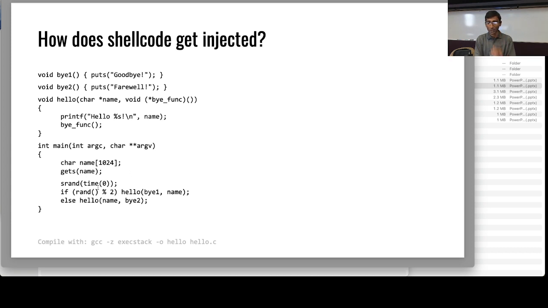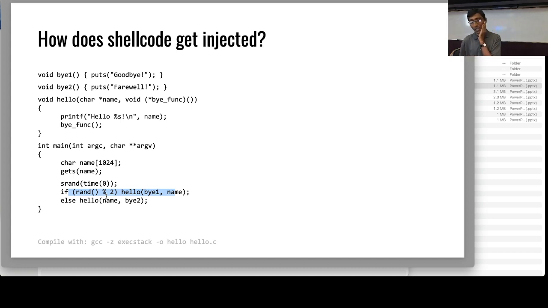And if you can see here, we are just mixing up the arguments. We are generating a random number, and if we take the modulus by 2, there is around a 50% chance of it being odd or even.